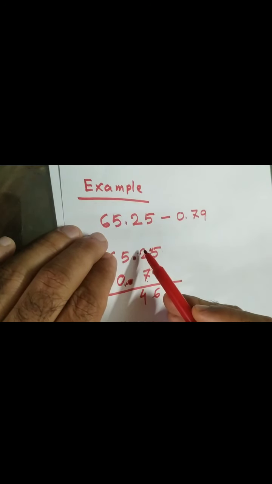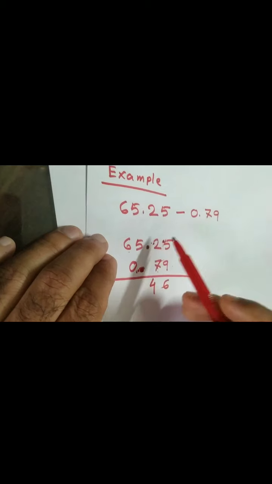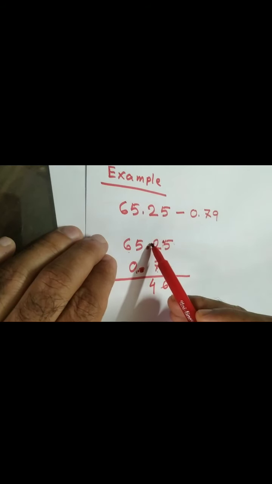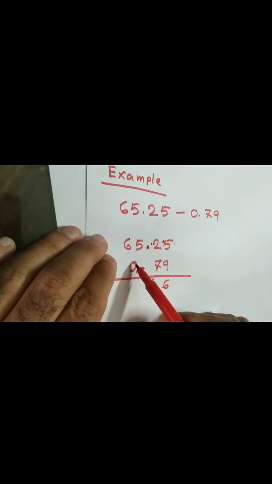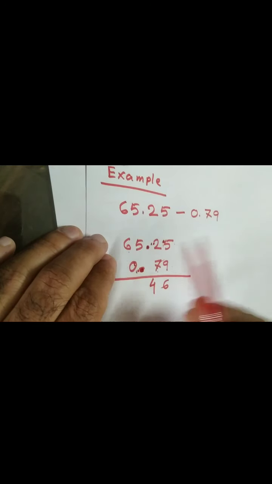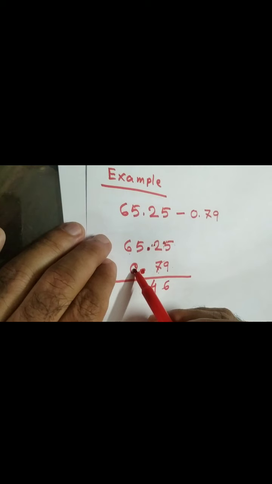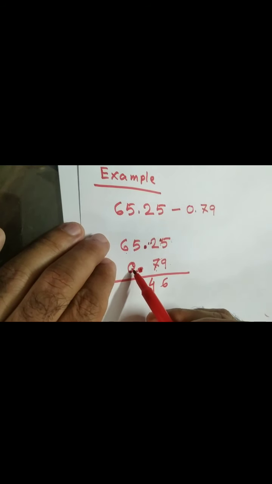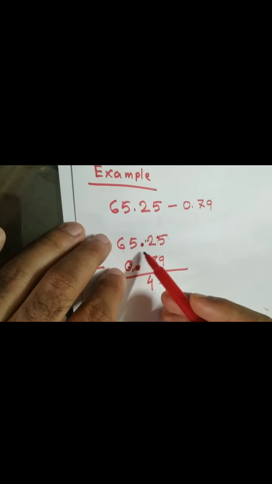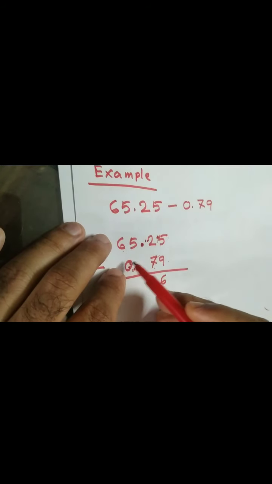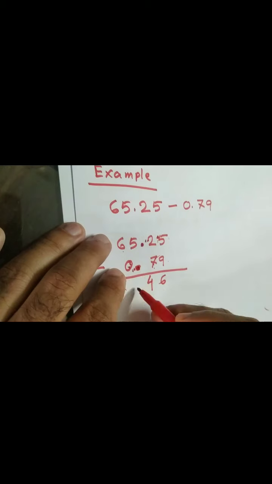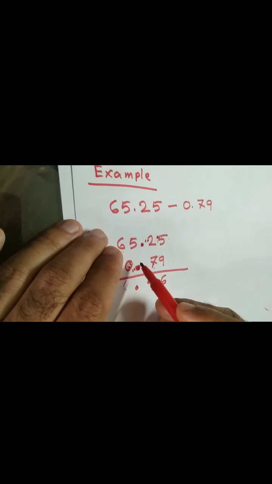Since I had made an assumption that there is 1 beside 2, I have to take that 1 and add it to this number over here, which is 0. So if I add 0 with 1, what do I get? I get 1. But before going over to the other side, I have met the decimal point, so let me put the decimal point first.